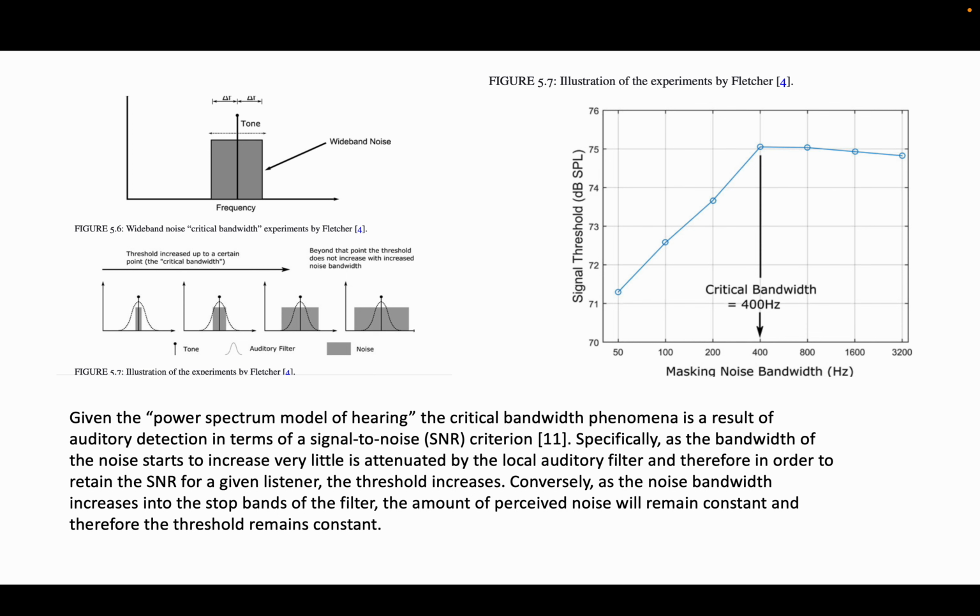And so this is referred to as this local auditory filter. And so in order to retain the signal to noise ratio, as you increase your noise bandwidth, you've got to increase your signal threshold. But eventually, when you reach the stop bands of the internal human auditory filter, the perceived noise for that particular neuron remains constant.